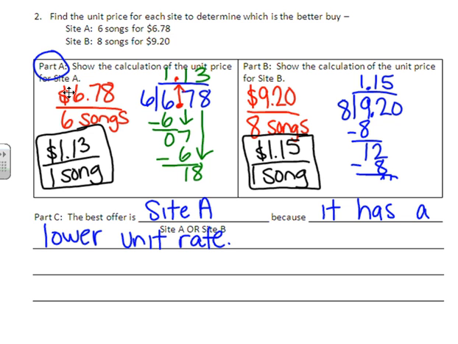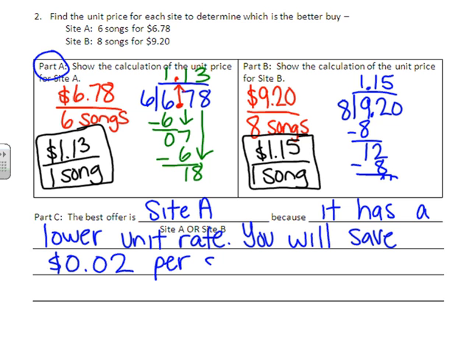And I'm going to add on to that and say you would save 2 cents per song. That's a specific reason why Site A is better than Site B.